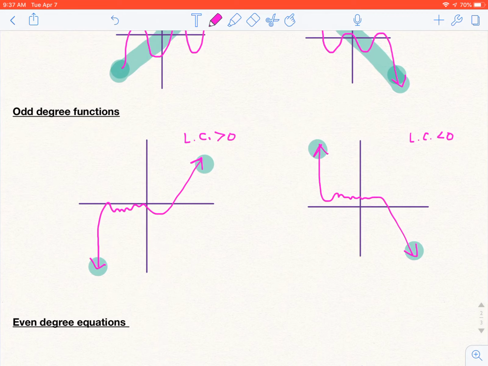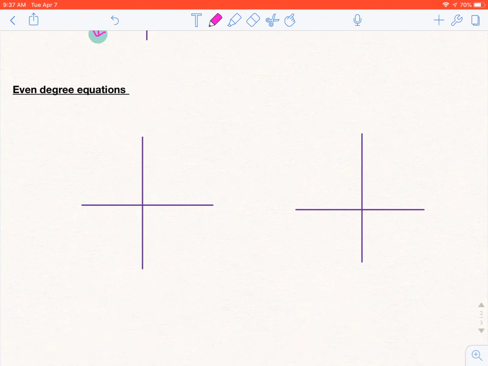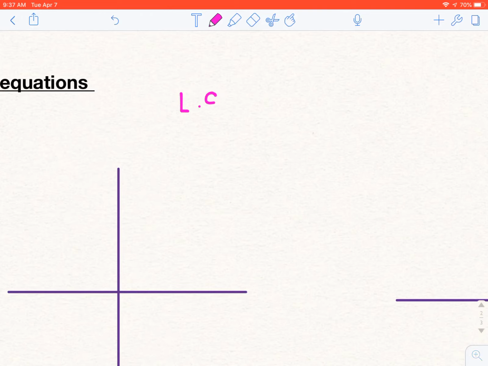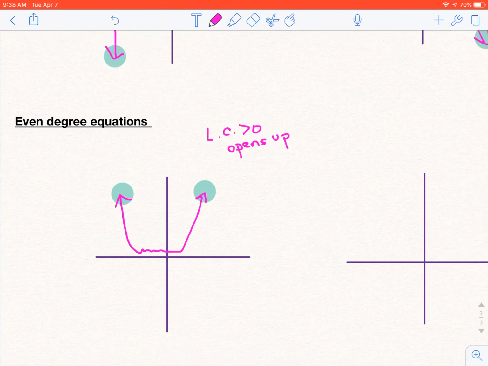Okay, so just like the linear, all right, when we do even degrees, okay, if the leading coefficient is positive, that means it opens up. It's going to start and end up here in the top two. So again, we don't know exactly what it does here, but we know that it's going to start and end going up.